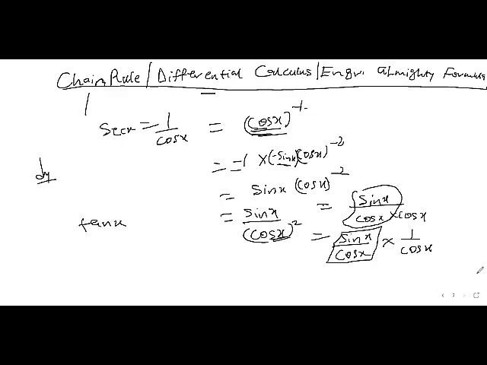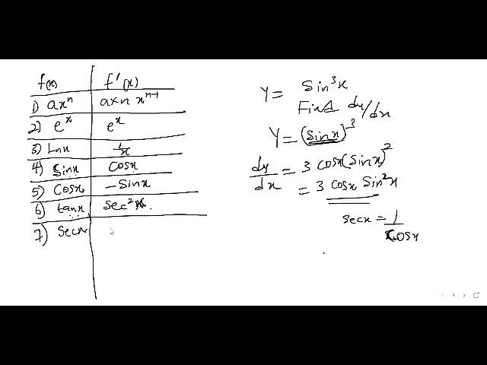Take note, if you didn't know this, sine x all over cos x is actually tan x. Then 1 over cos x is actually sec x. So that means when I differentiate sec x, I'll get tan x and sec x back. Tan x times sec x. So I'll get tan x sec x.